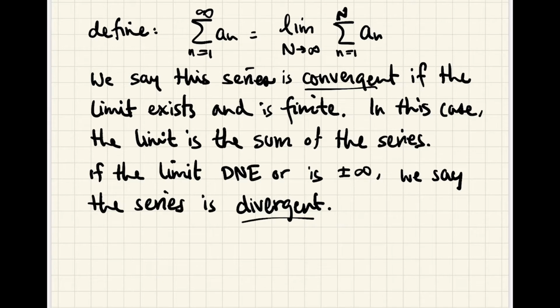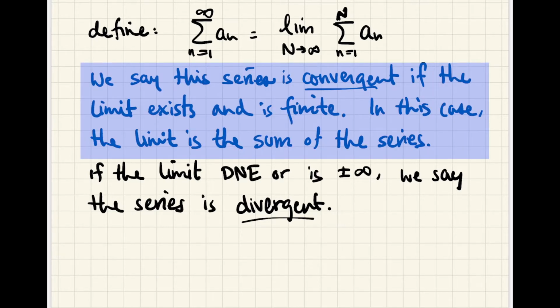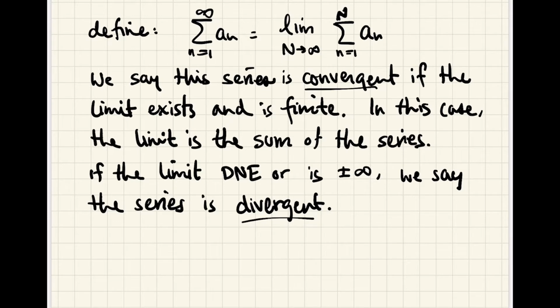And like I said earlier, we only are interested in convergent series. Divergent series are basically garbage to us. So we're going to spend several of the next sections simply picking up different tools that will help us establish whether or not a given series is convergent or divergent.